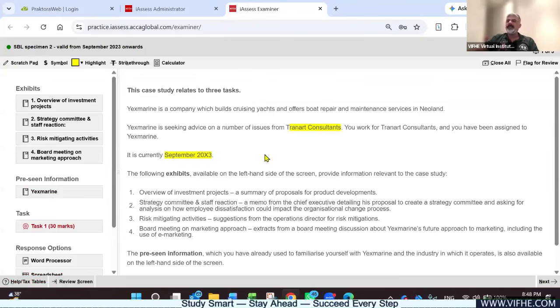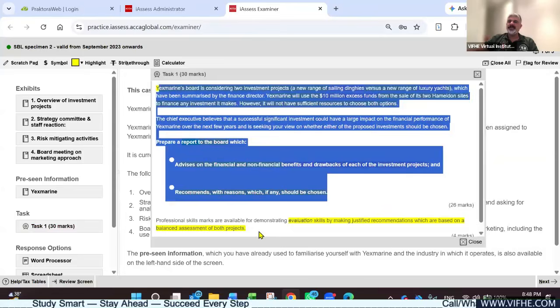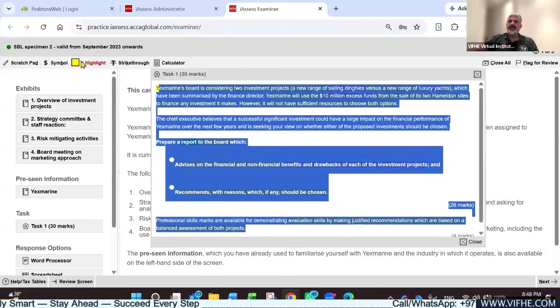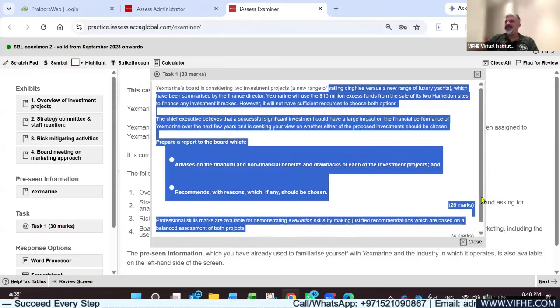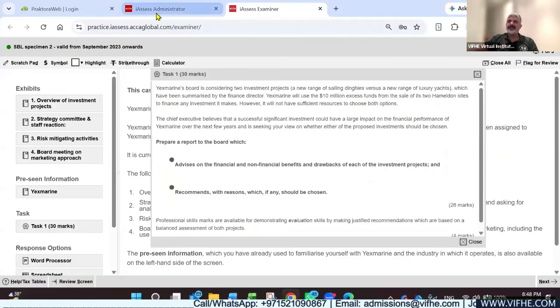So let's say task number 1. Okay, you will open up task number 1 and will you read task number 1? Yes or no? You will read task number 1. Okay, this is required.